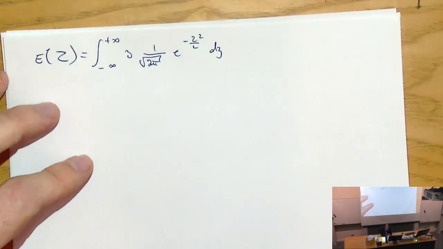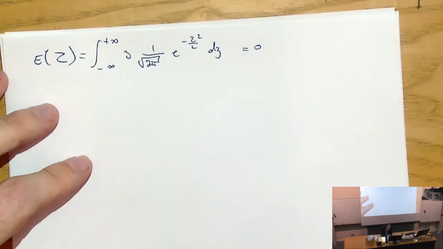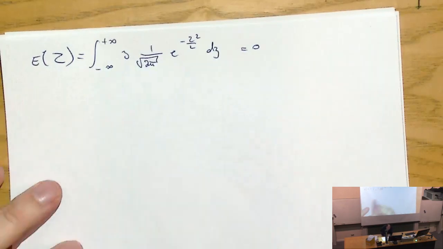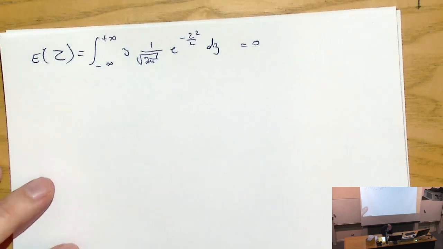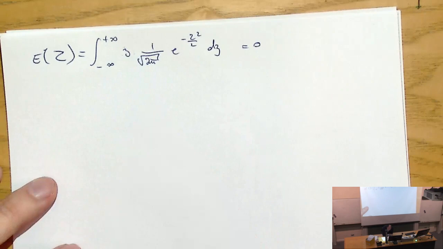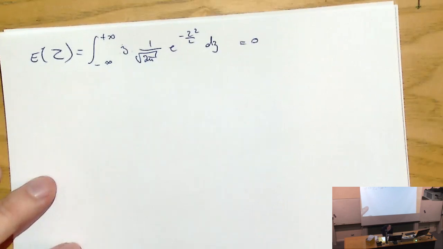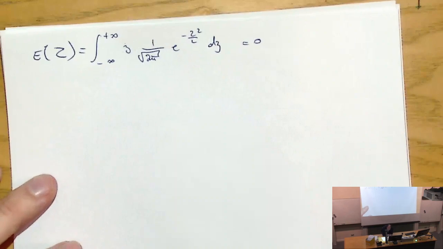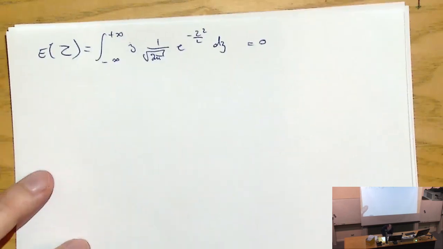You can compute this at home, and what you get is equal to 0, and the reason is that the function you integrate here is an odd function. So this Z will be negative if Z is negative, positive if Z is positive, and the two will cancel each other.